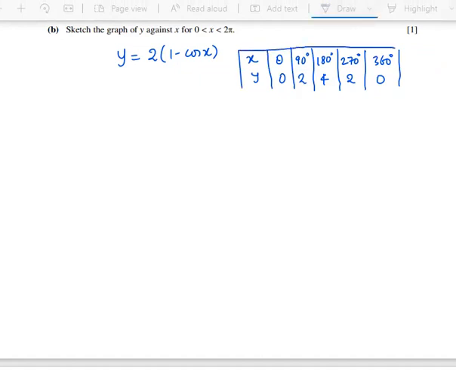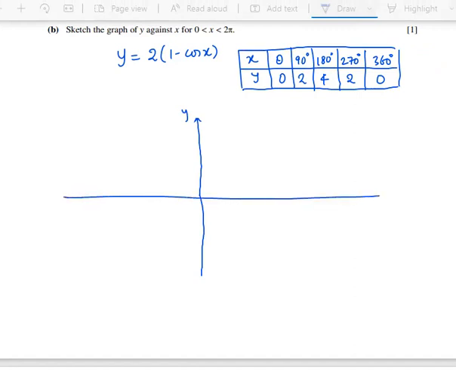So students, we got the values of x and y, so we can plot these values on a grid. Let us draw a rough sketch. This is my y-axis, this is my x-axis, where on the x-axis we'll plot the angles 0 degrees, 90 degrees, 180 degrees, 270 degrees, and 360 degrees.